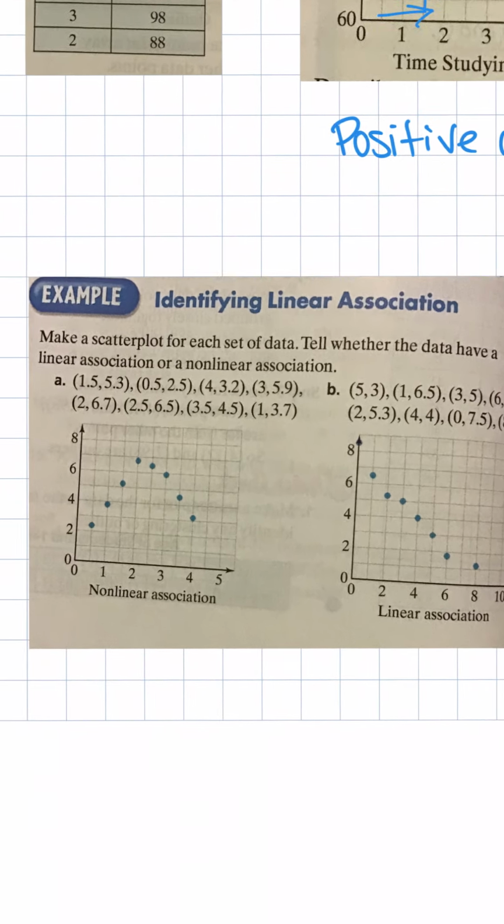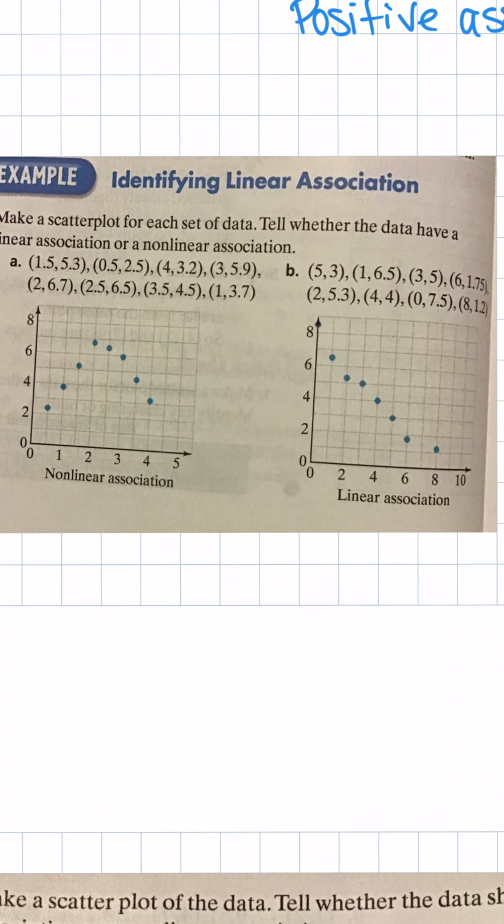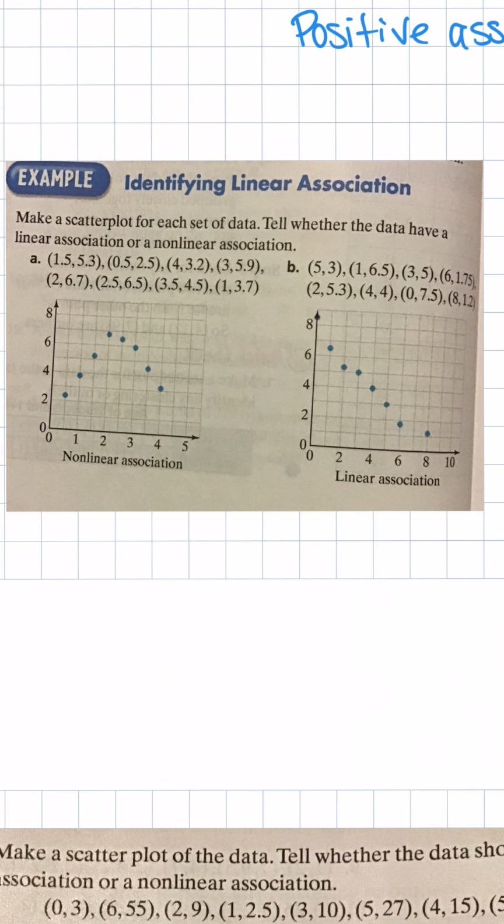So now let's look at linear associations. We have two scatter plots right here. And these were the numbers that were then put into the chart. So if you look, it looks like a positive association, but then all of a sudden it drops.